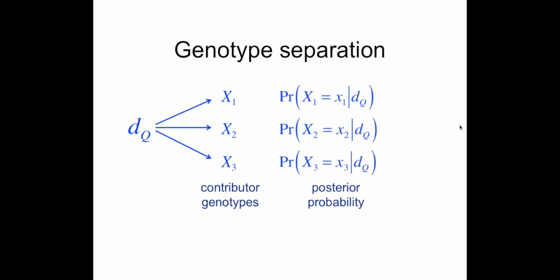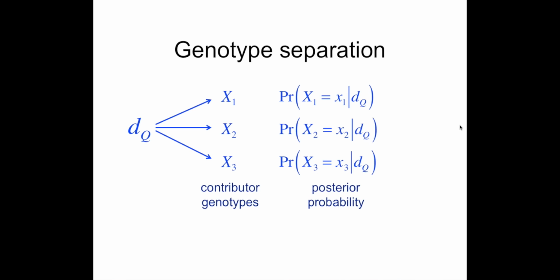So on the right, I'm indicating that, for example, for the genotype for contributor 1, capital X sub 1, there's a probability, the probability of each value, each allele pair that X1 would assume.